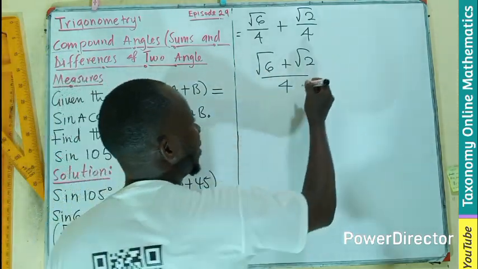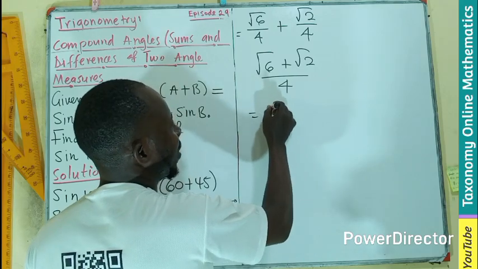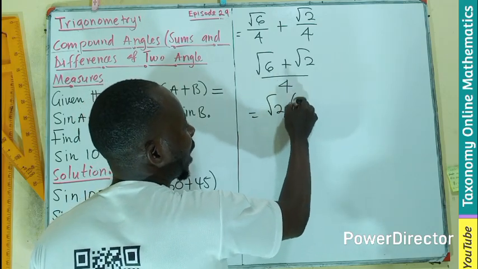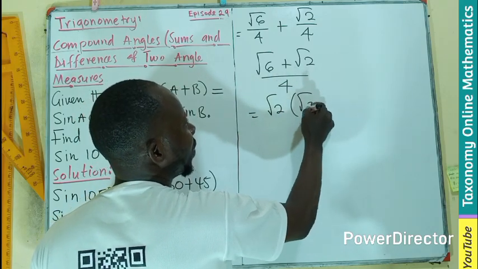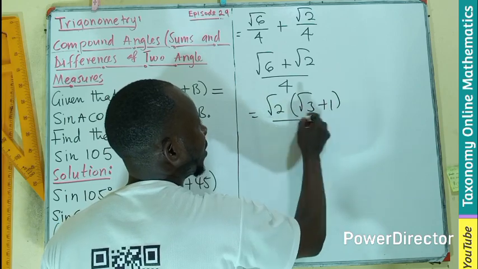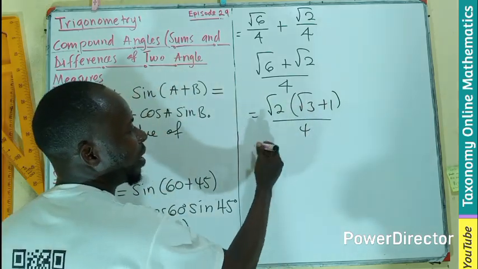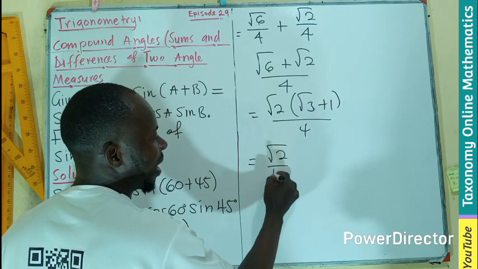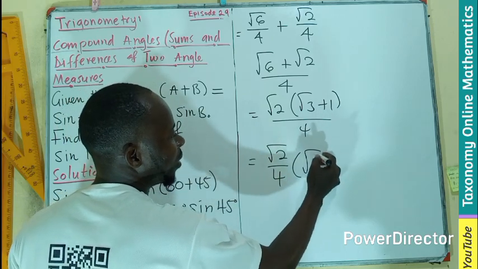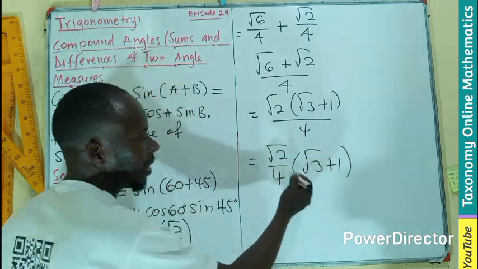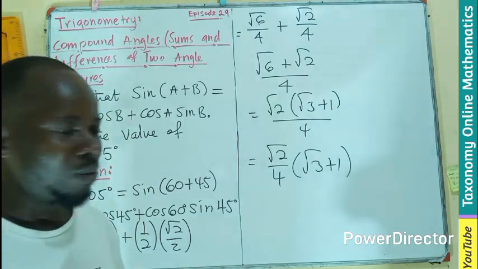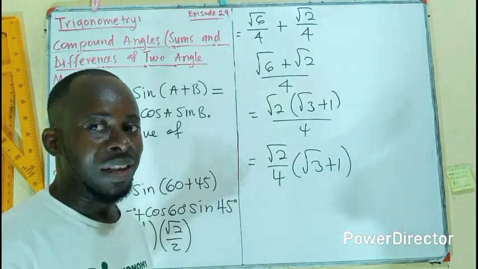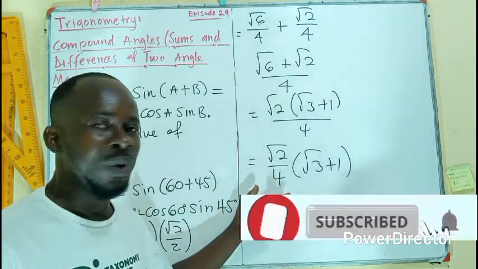If we factorize the root of 2 out, I'll be left with root 3 plus 1 divided by 4. If I pick it out, it will be root 2 divided by 4 multiplying root 3 plus 1 as the final stage. So this will be the final factorization.